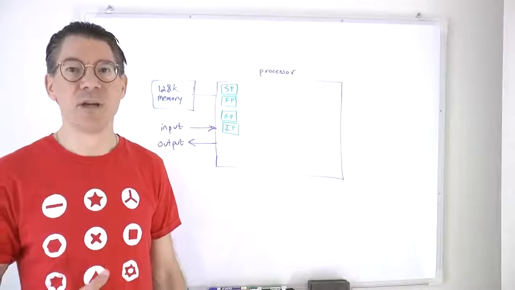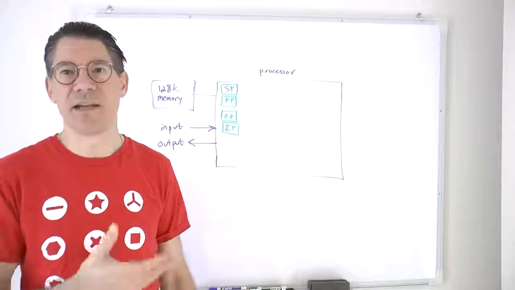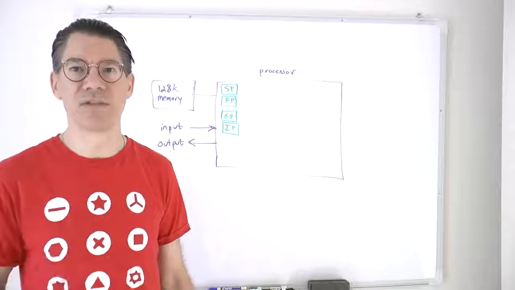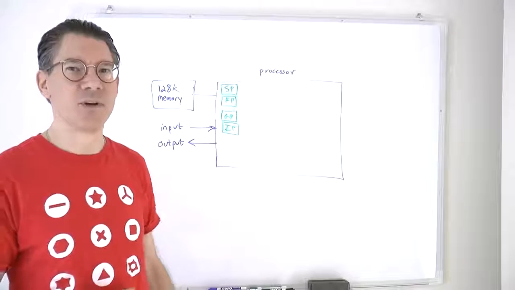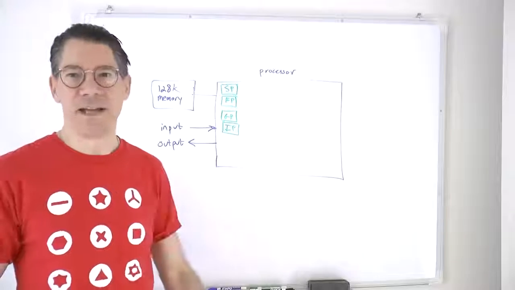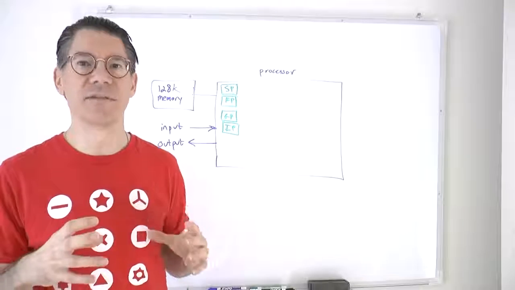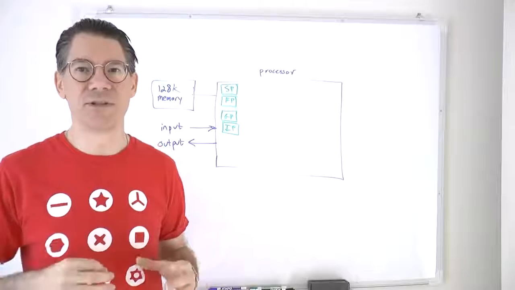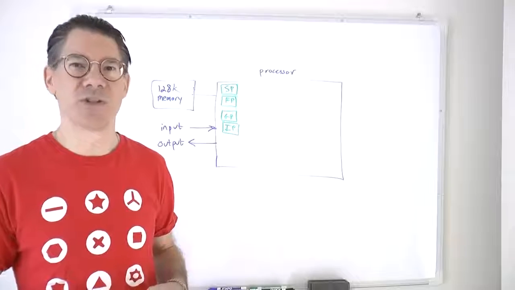So the way that you access and tell all of these smaller pieces of hardware what to do is using a microprogram. So every instruction that the processor executes can be broken down into a series of more fundamental instructions. And those instructions are called micro-instructions.